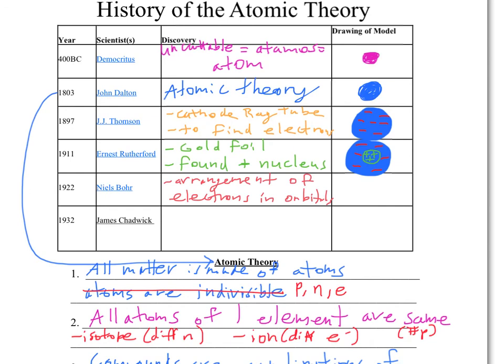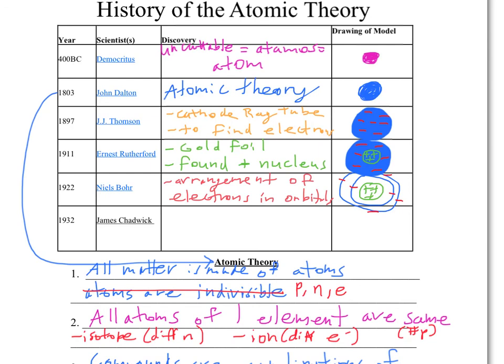Now we have this positive core, but instead of negatives being randomly distributed about, we actually have rings where these negatives can be found. Negative, negative, negative, negative.